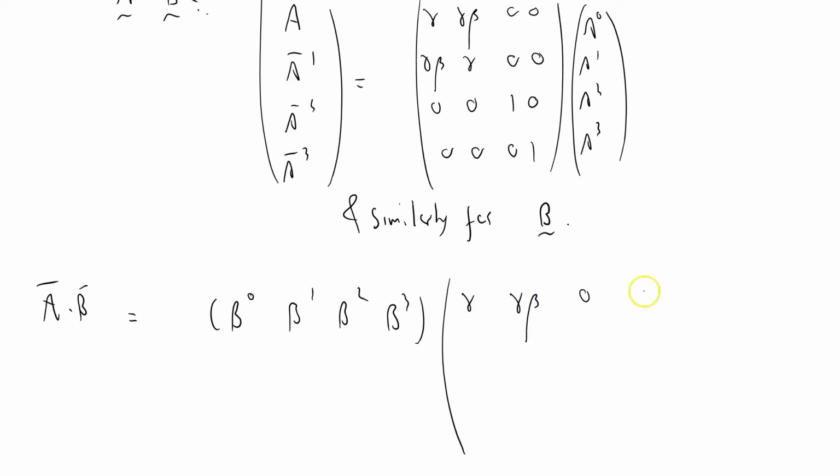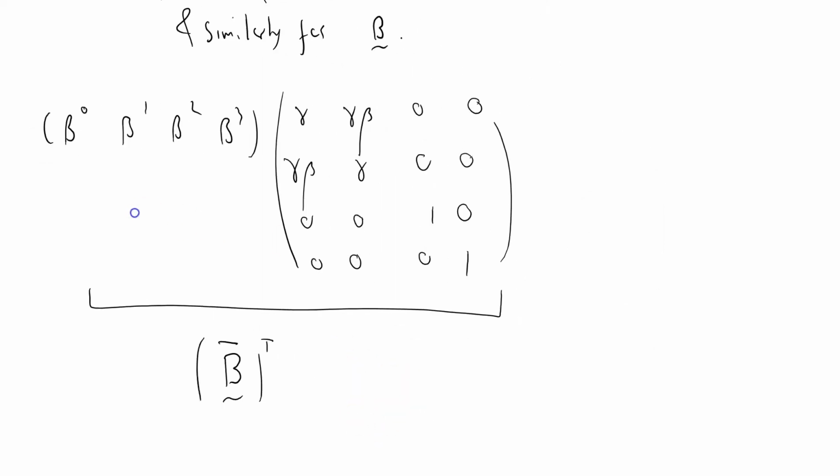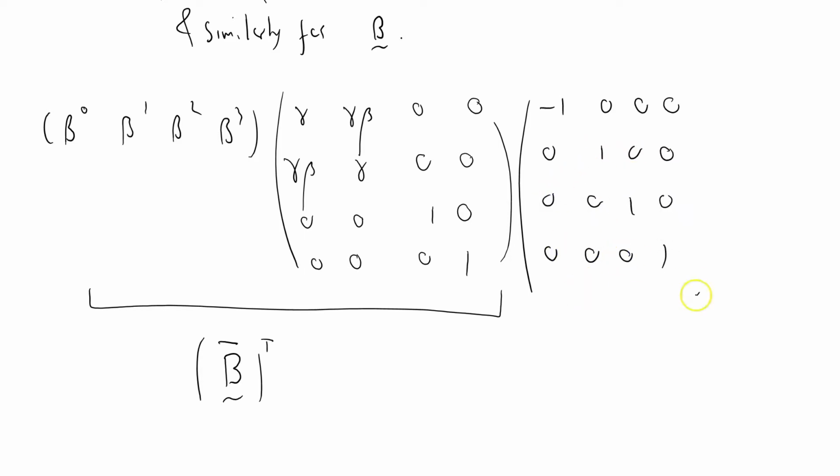Gamma beta 0 0, gamma beta gamma 0 0, 0 0 1 0, 0 0 0 1. This thing here being B bar. Actually, it's the transpose of B bar, but I've said that enough now. Then the matrix with -1 0 0 0, 0 1 0 0, 0 0 1 0, 0 0 0 1. This thing here is the fundamental tensor.